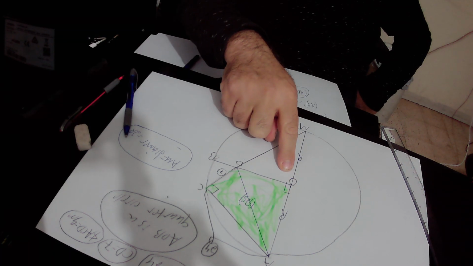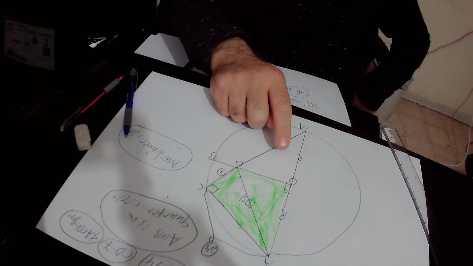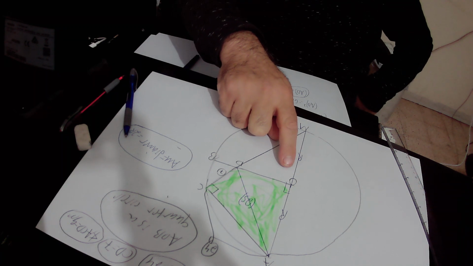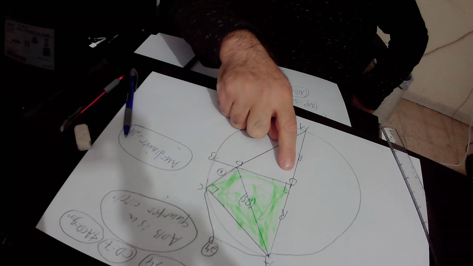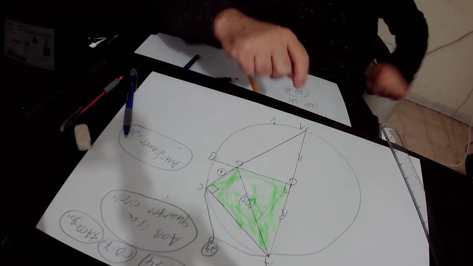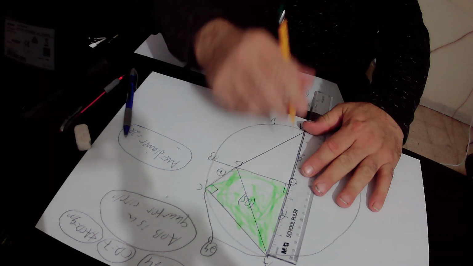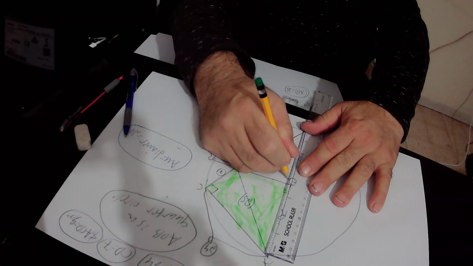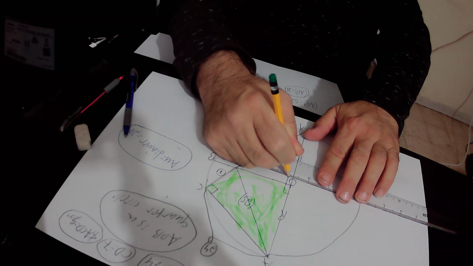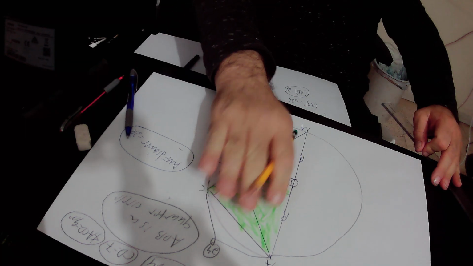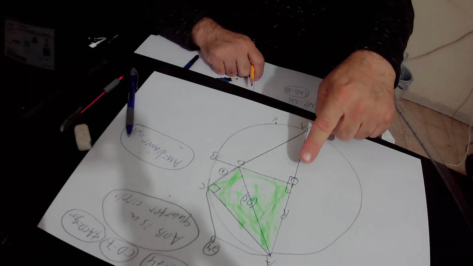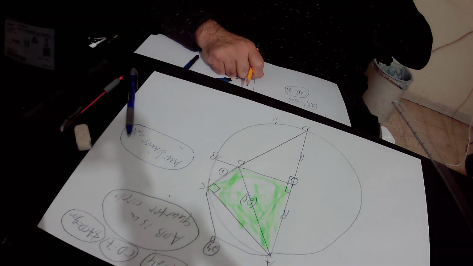In total must be equal to 180 degrees according to the rule that I mentioned, that the sum of the angles from one side of a straight line is equal to 180 degrees. Therefore the missing angle here must be equal to 90 degrees.